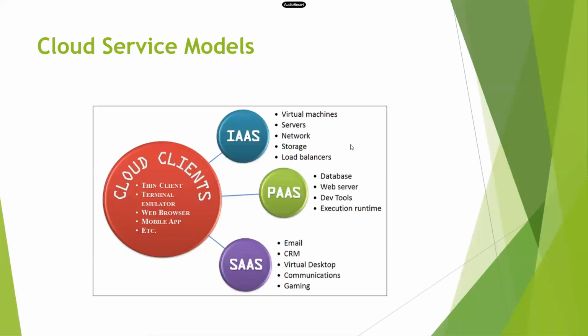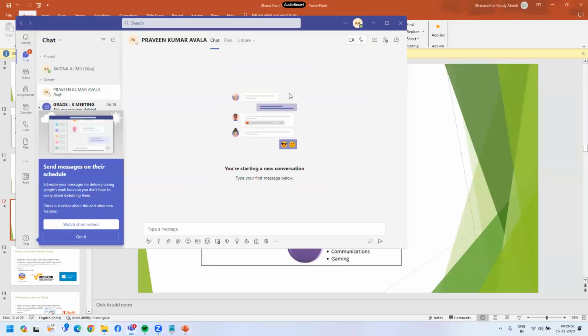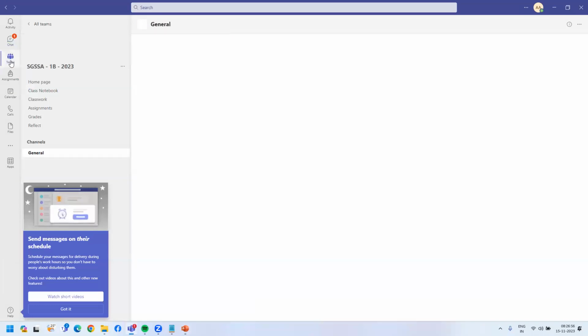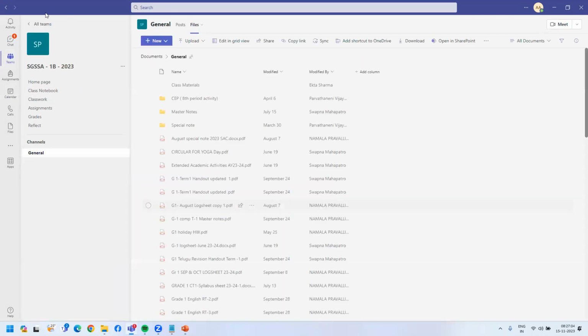In OneNote, what we are doing? We are uploading documents and sharing with our colleagues. That's it. So who is maintaining it in the background? Microsoft. You know, right? This is MS Teams. Without MS Teams, there is no organization in the world. Am I right? So does this MS Teams come under IaaS, PaaS, or SaaS? Can anyone tell me?